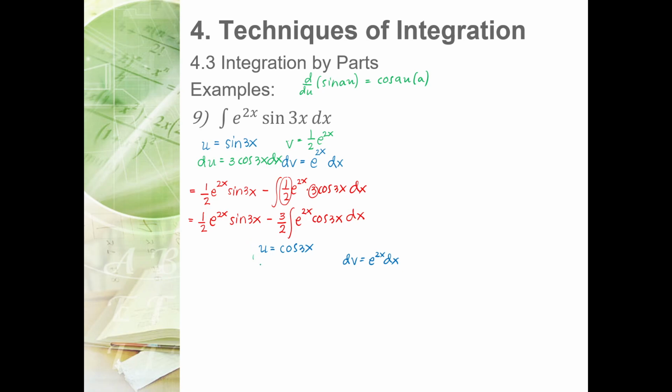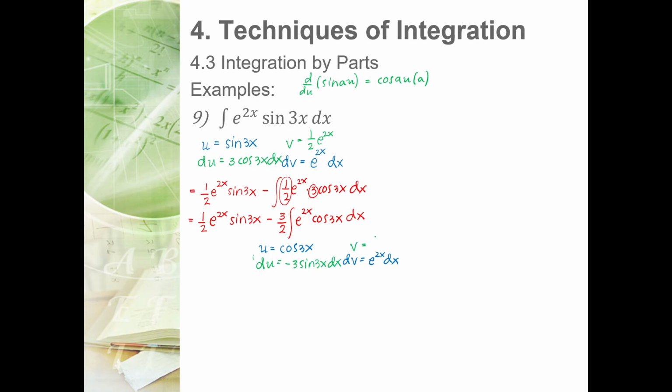So du is equal to negative 3 sine 3x dx.